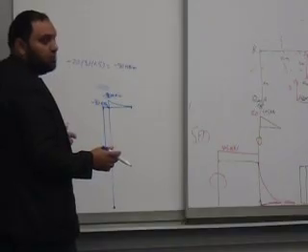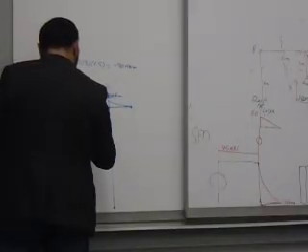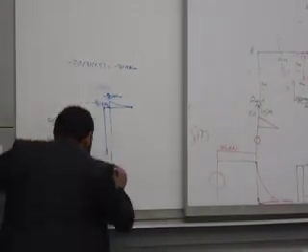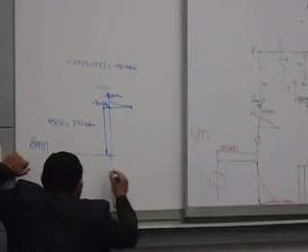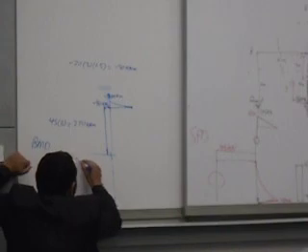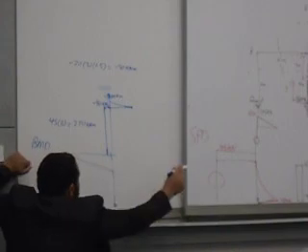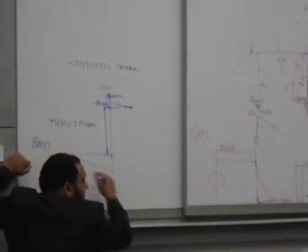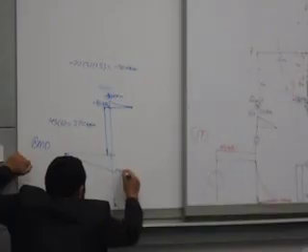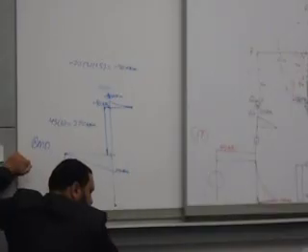So this is 270 kilonewton meter, a positive 270. I'll simply connect it with a straight line. Why? Because that's a constant shear force here. So it's a straight line. So this is 270 kilonewton meter. Fine.